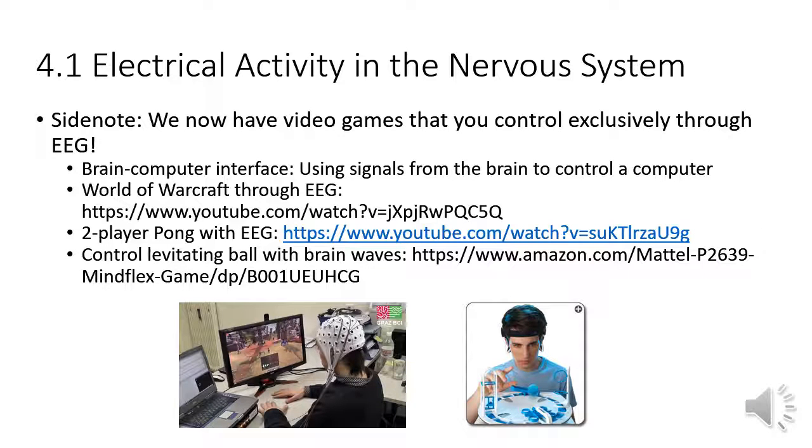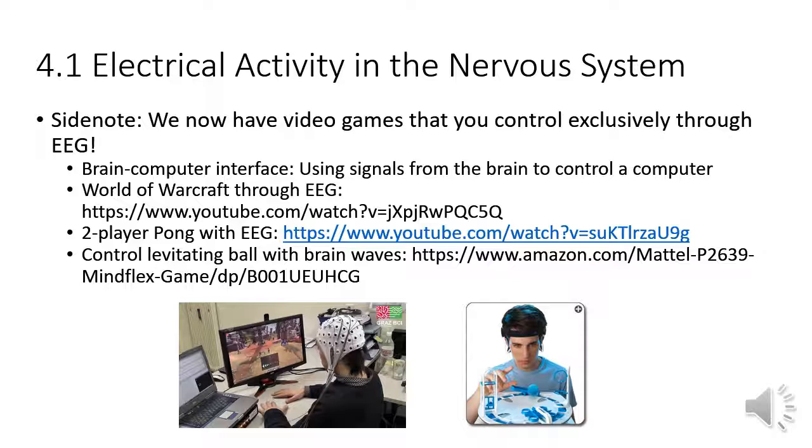Just a side note, in case you're interested, there are actually video games that you can play these days using EEG. There are some different types of brain waves that you can control consciously. One example would be called alpha waves, and we'll talk about this later when we talk about sleep and consciousness. But alpha waves can be controlled by relaxing or concentrating.